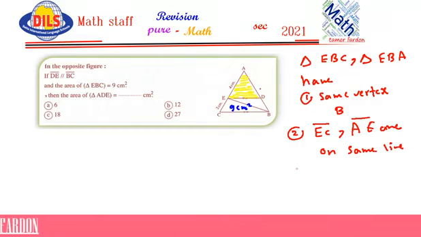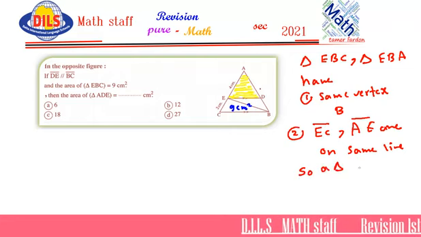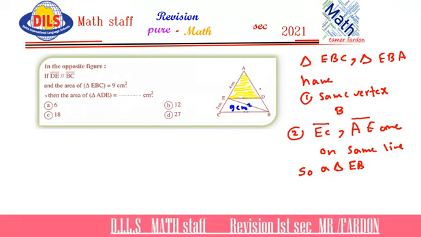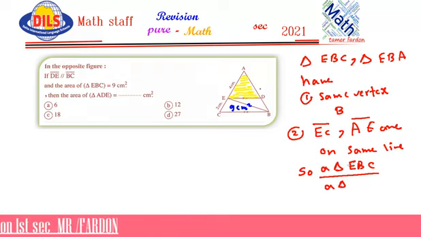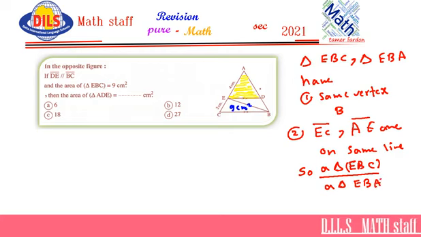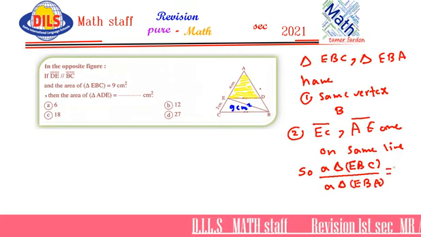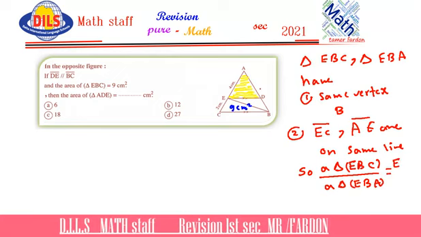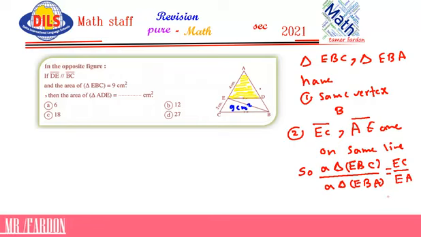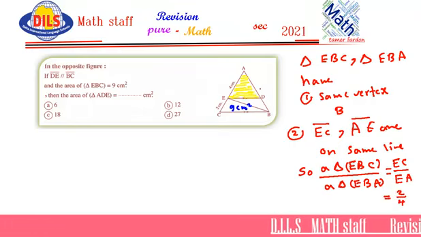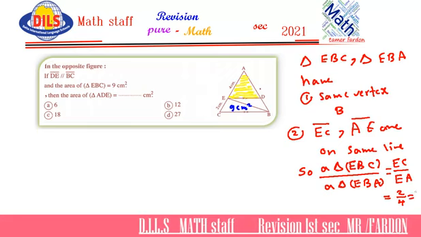So area of triangle EPC over area of triangle EPA equals the ratio between EC over EA, which equals 2 over 4, which equals 1 over 2.